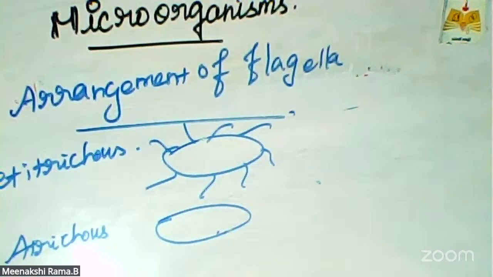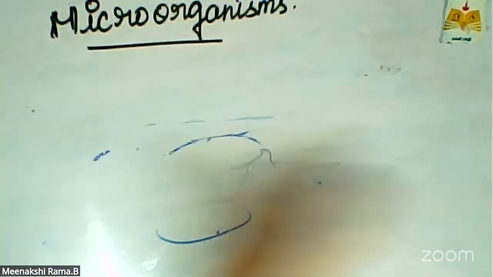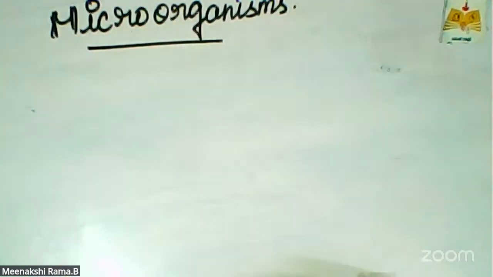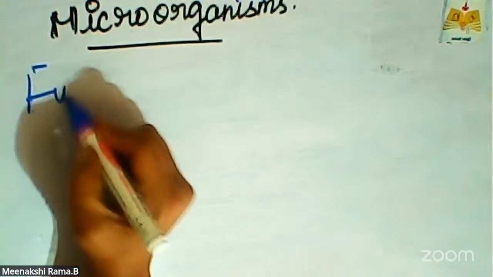Okay, so next category is fungi. The third category of microorganism is fungi.